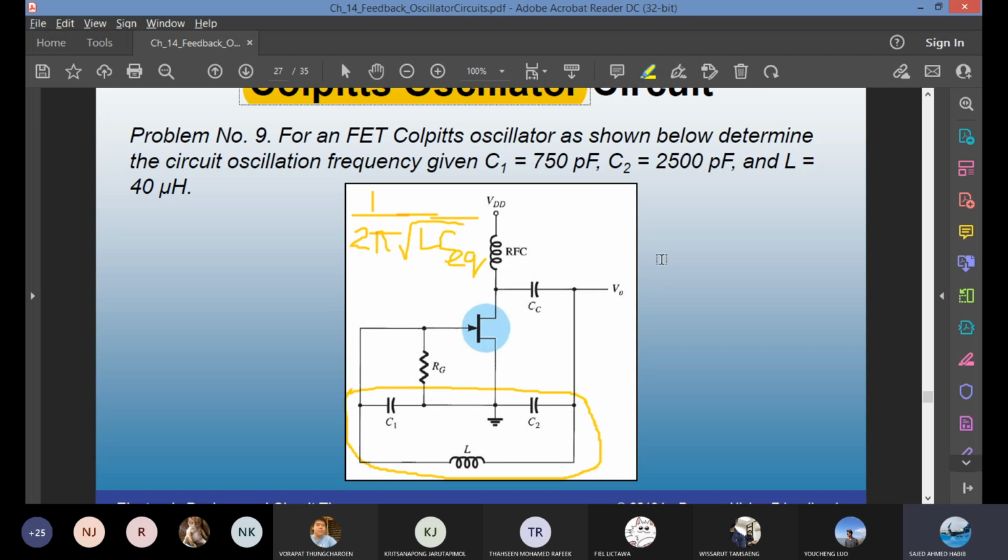I'll ask two students to participate in this. Miss Nataya, please find out the equivalent capacitor of the tank circuit. And Miss Pichayapon, please calculate the frequency given this current formula. So the equivalent capacitor will use the series capacitor formula.